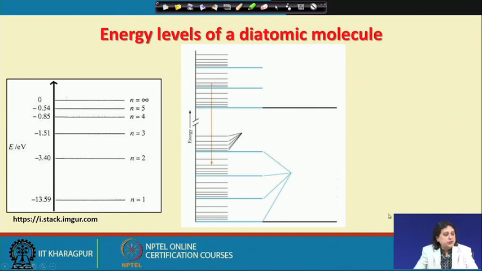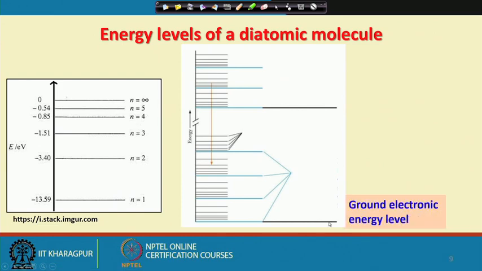So, let me highlight some of the more important features of the energy level diagram for the diatomic molecule. As you see, this is the ground electronic energy level, and you must remember that this corresponds exactly to the ground electronic energy level that we have seen in the monatomic case.